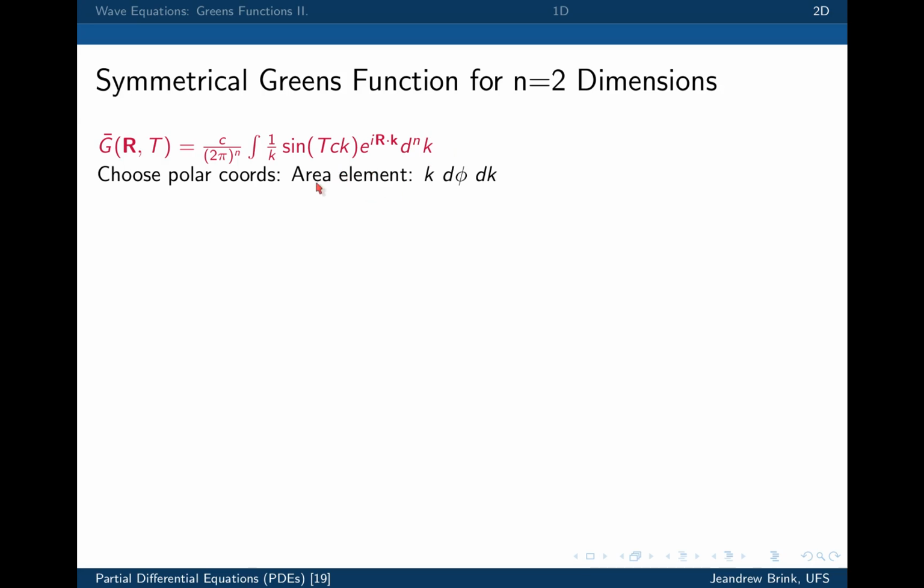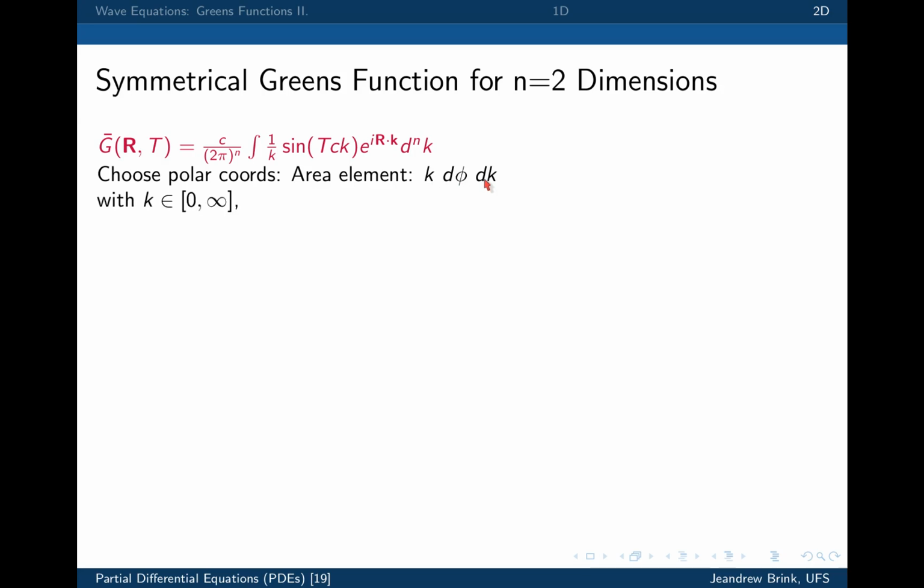So we're going to go to polar coordinates, and our area element, basically your dx squared dy squared in polar coordinates, is just r dr d phi. In this case, the r is just a k.